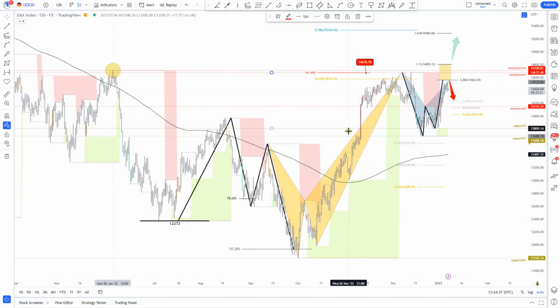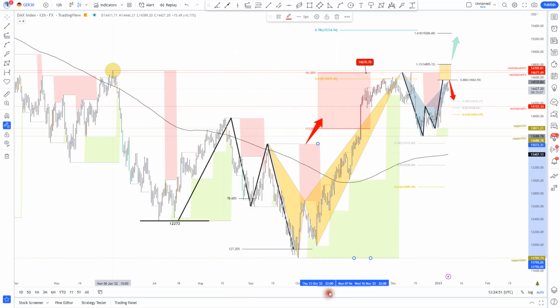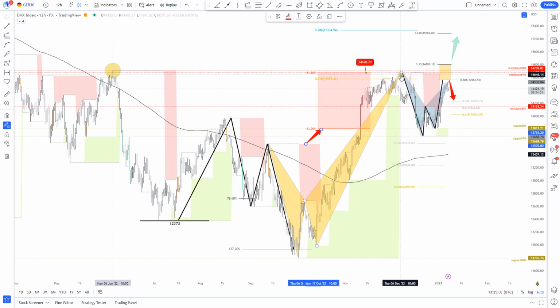I projected this pattern after the breakout of these highs, after the breakout of this structure, because I started to project multiple Fibonacci levels above, specifically the 161 and the 113% Fibonacci extension, one immediately above the resistance and the other one at the previous structure highs. And I called people's attention to the eventual formation of this bearish crab pattern.